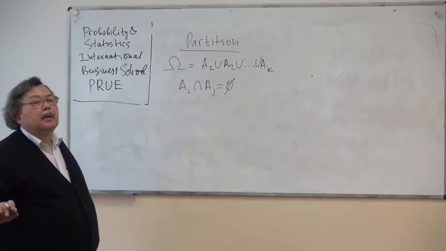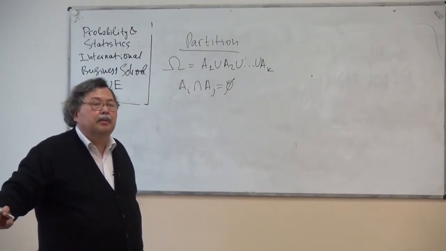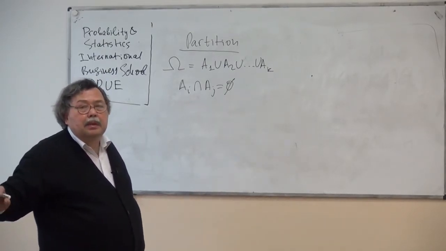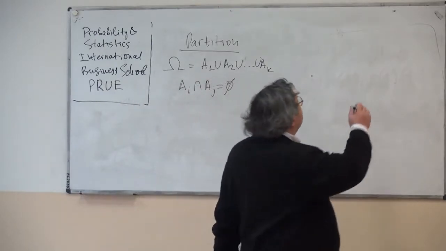So omega is the union of a certain number of events such that the intersection of any two of them is a null event.